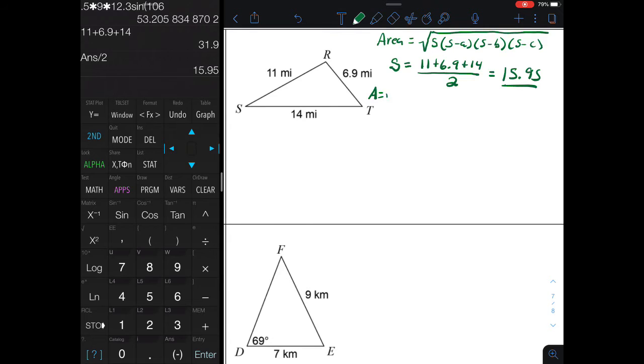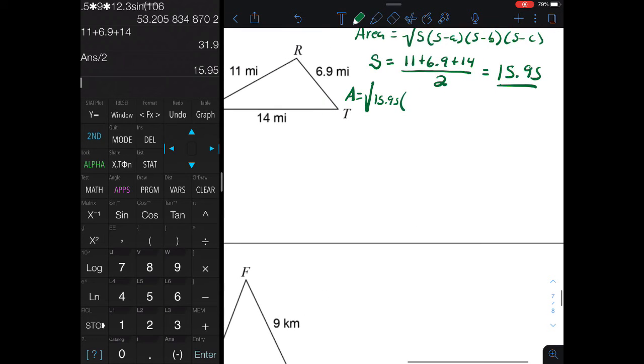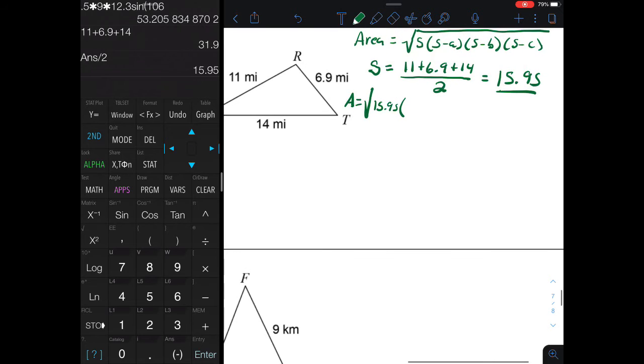So the area is going to equal the square root of 15.95 times the difference between the semi-perimeter and each side. So we're going to say 15.95 minus 14 times 15.95 minus 11 times 15.95 minus 6.9, and that will give us an approximation for our area.